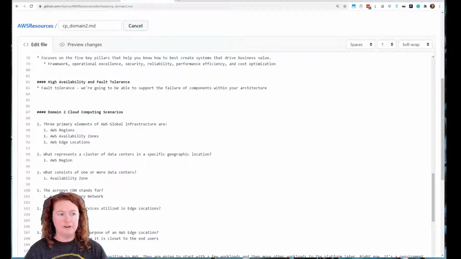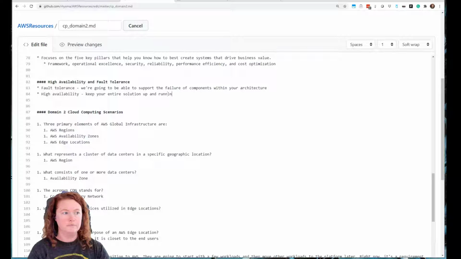We also have this other concept of high availability. And so high availability means that we want to keep our entire solution up and running in its expected manner, despite any issues that may occur.